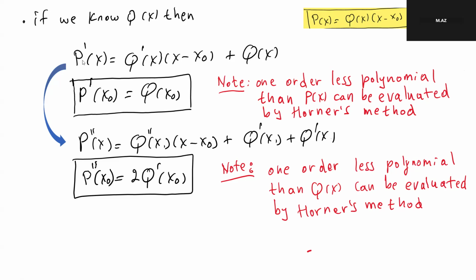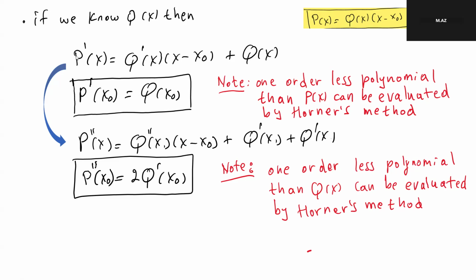If we evaluate this derivative at x0, the value is equal to the value of the quotient polynomial at this point, so you can easily find the first derivative of the function based on the quotient.